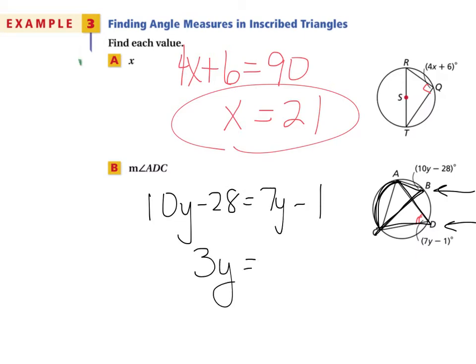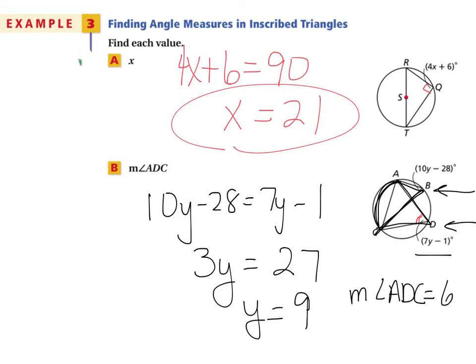We solve this, which is completely review. Y would equal 9. If y is 9, I plug it into the measure which is 7y minus 1, which would be 7 times 9 minus 1. So the measure of angle ADC is equal to 62 degrees.